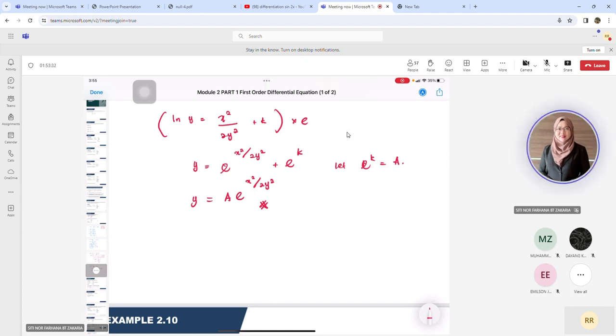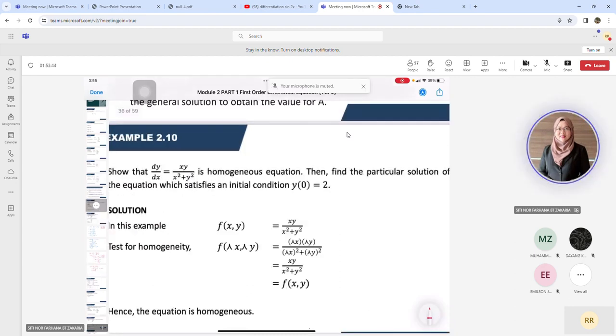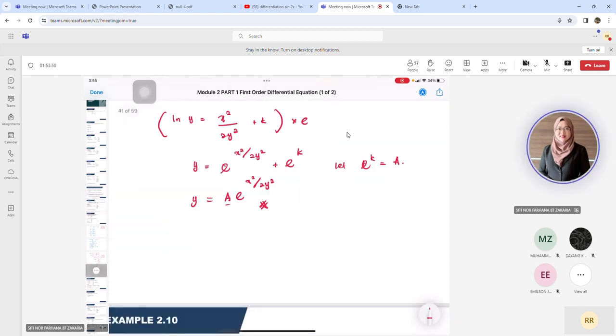And then they give us the initial condition x equals to 0, y equals to 2. So you can find the value of a. Y equals to 2, x equals to 0.